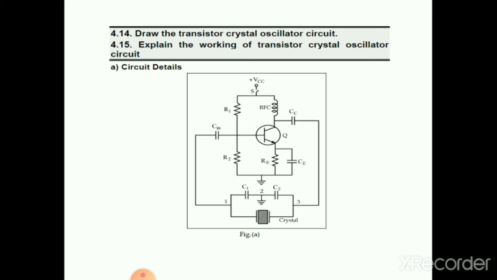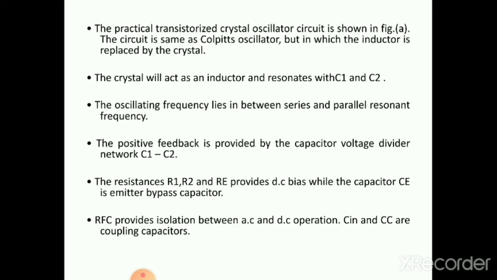That is the RLC, series connected resistor, inductor, and capacitor. Each value depends on the crystal, right? So the practical transistorized crystal oscillator circuit is shown in the figure. The circuit is the same as the Colpitts oscillator, but in which the inductor is replaced by the crystal.